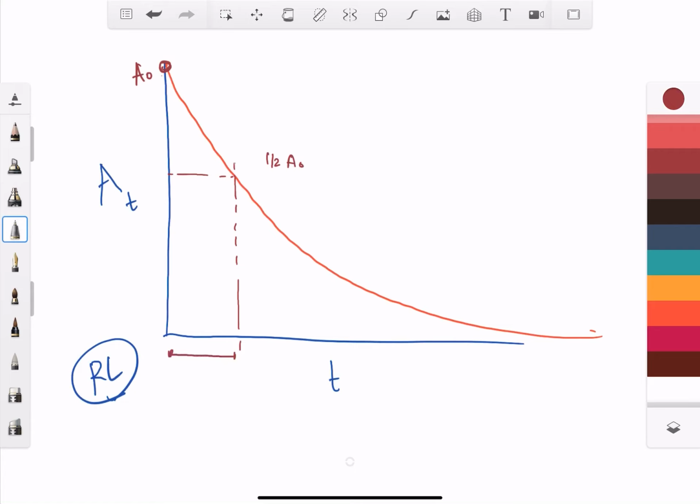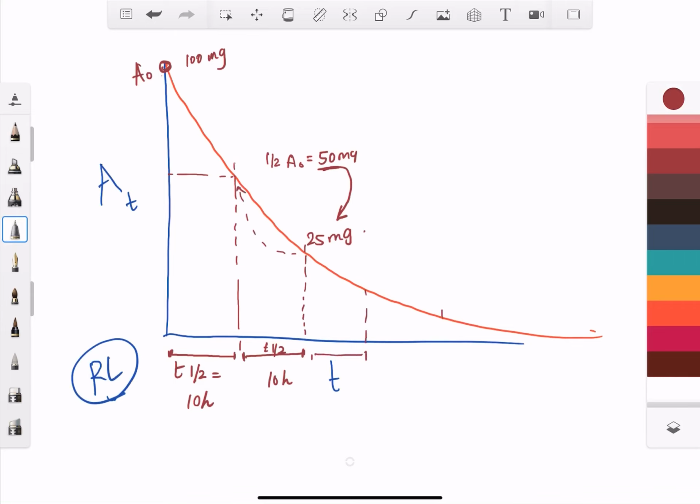So this would be the half-life, which let's say, for example, is 10 hours. If this is, let's say, 100 milligram, and this is 50 milligram. If we are taking another half-life, which is 10 hours, this would be half this amount, which is 25 milligram, half its initial, and the same thing, so on and so forth.